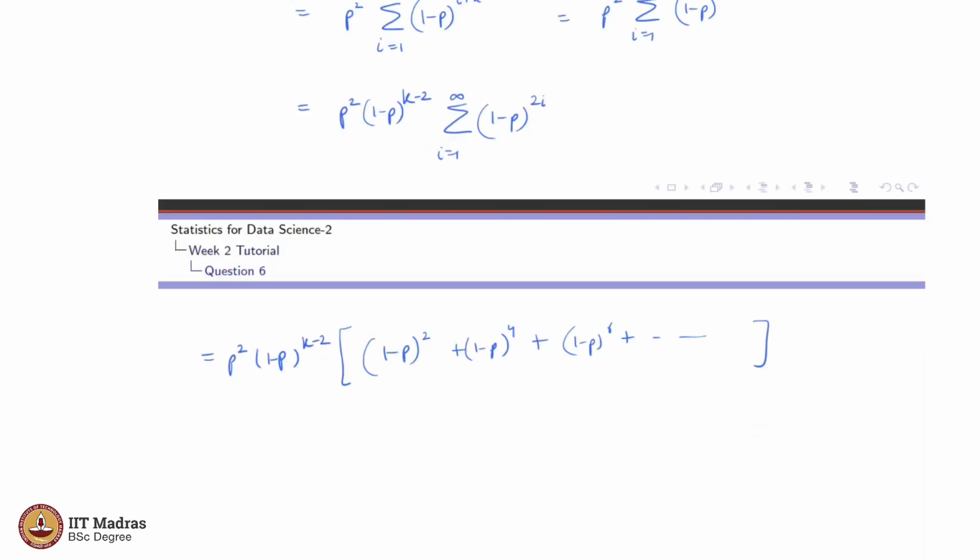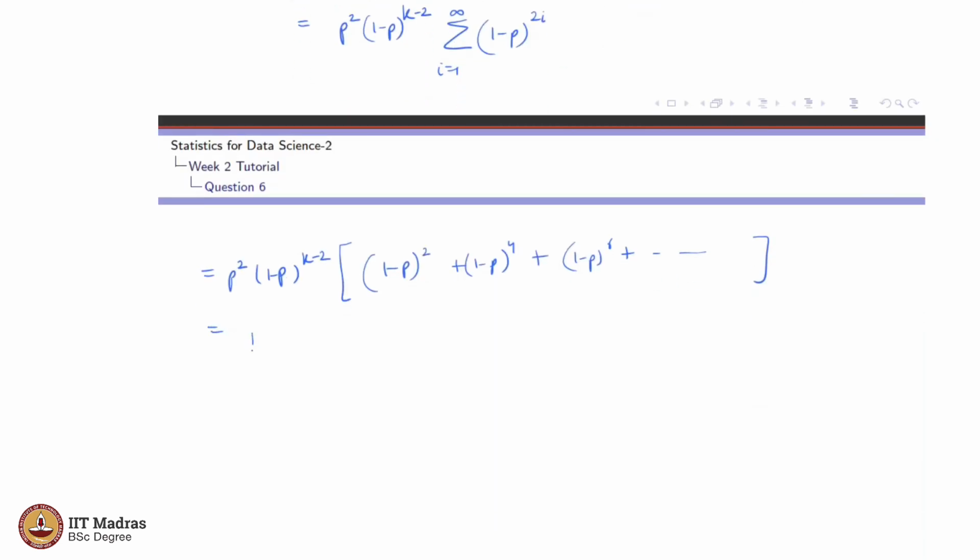So you can take (1 minus p) squared to be common, so it will be p squared (1 minus p) to the power k minus 2 times (1 minus p) squared, right? This is 1 plus (1 minus p) squared plus and so on.